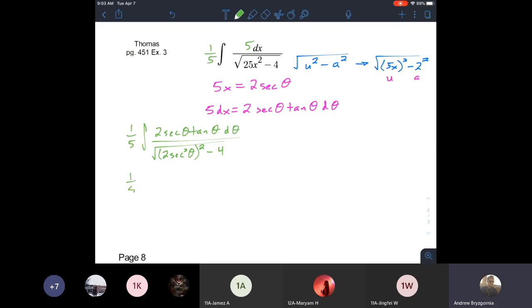And now this will become just like the last two examples that we've done as well. We're going to simplify that square root, and then hopefully use some sort of Pythagorean identity, and then we can cancel something on the top. Oh, I'm sorry. I put in a secant squared there, and I shouldn't have. There we go.